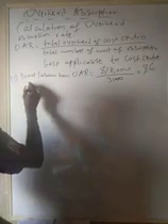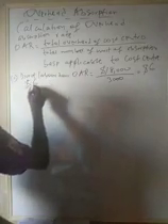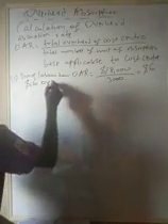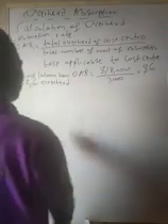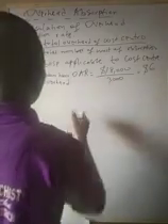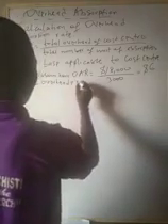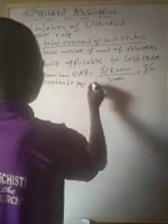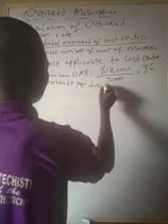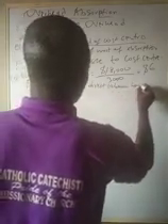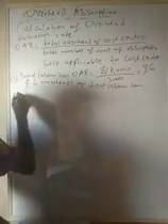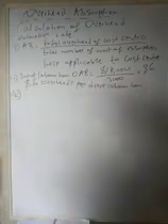That is the $6 overhead absorption rate, $6 overhead per direct labor hour.